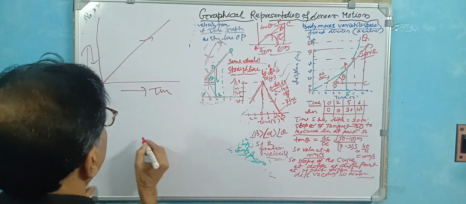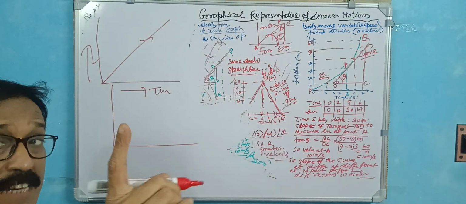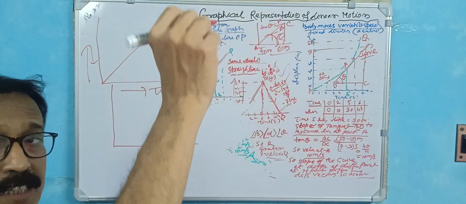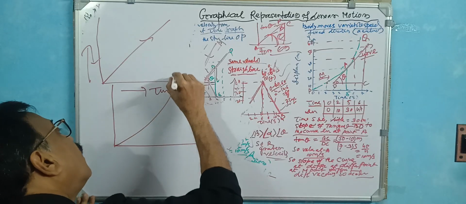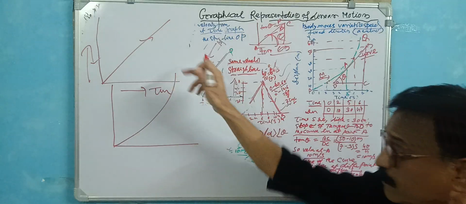But if there is acceleration, that means at each and every instant the velocity is changed. That means this is actually a curve. This is time, this is displacement, and this is a curve. Suppose this is A, B, C, D, E. So what does it indicate? There is acceleration. What does the graph indicate? This is a curve.